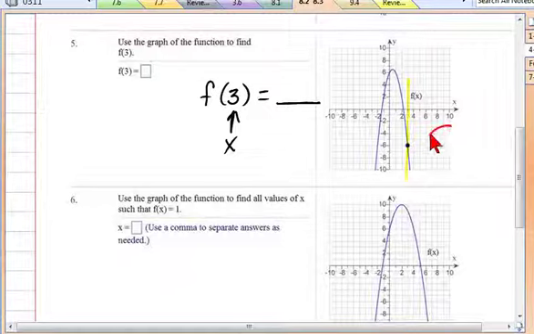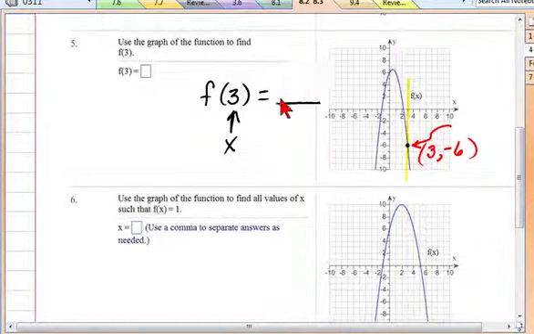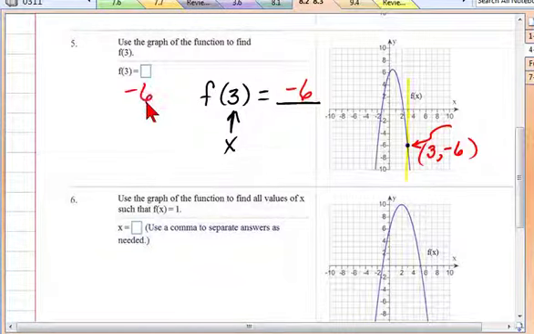Where does that cross your graph? At 3, negative 6. Now, some of the questions just said, what is this one is one of those. It just wants the value that you would plug in right here. It didn't say it wanted an ordered pair. So all it wants is negative 6.